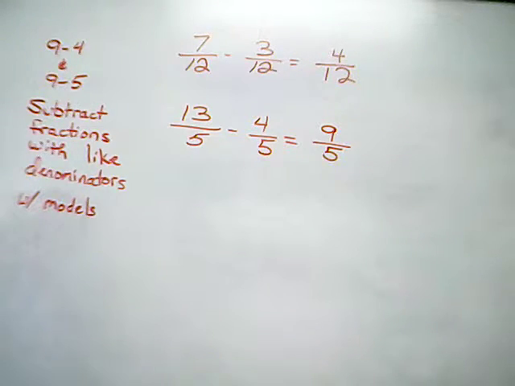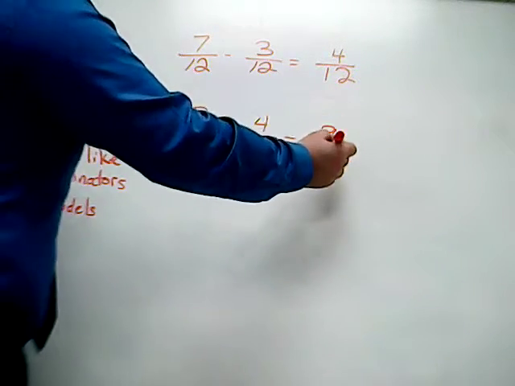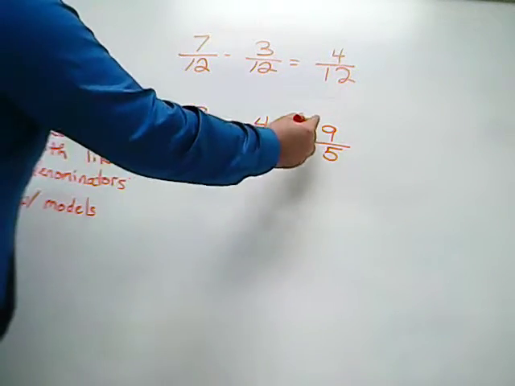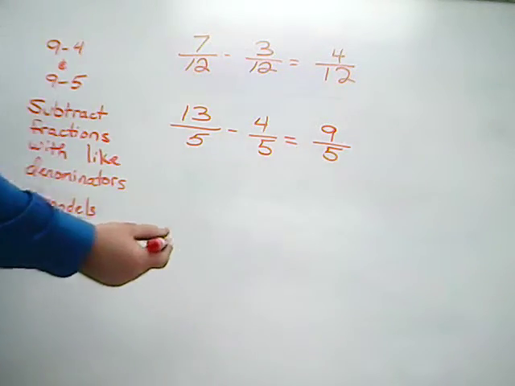Now, as a quick review, and as a jump start to what we're going to be doing later on in Chapter 9, how can I change 9 fifths into a mixed number? I don't want to leave it as an improper fraction. I don't want my numerator larger than my denominator.